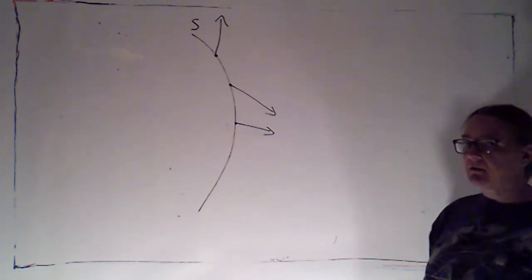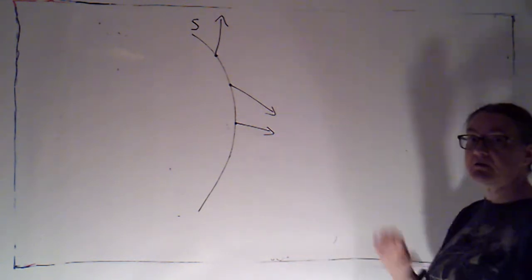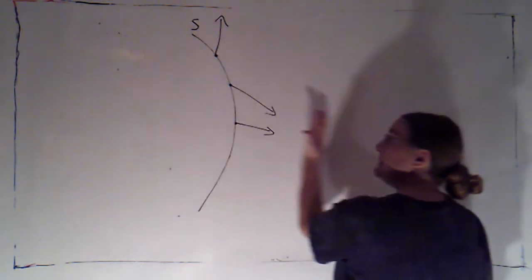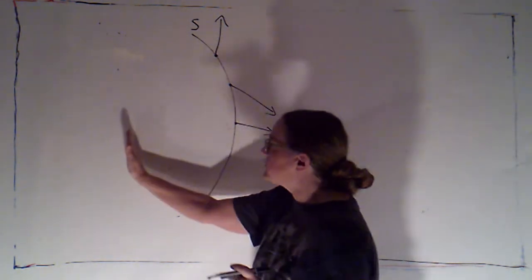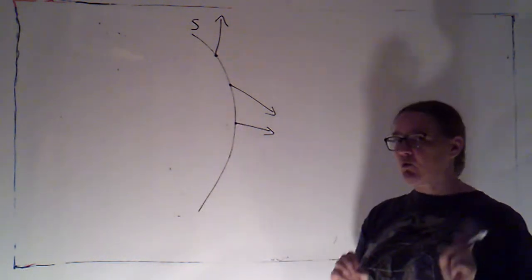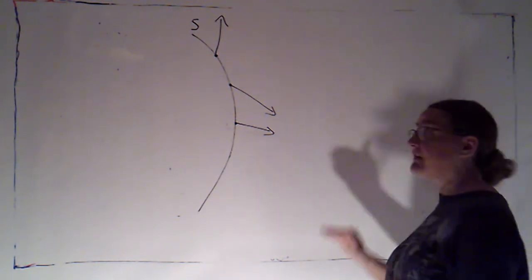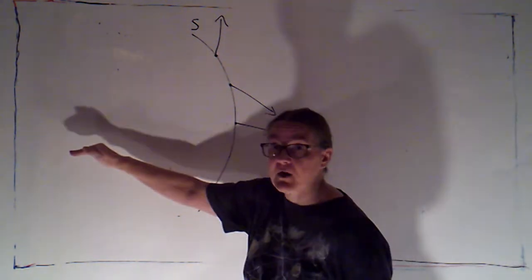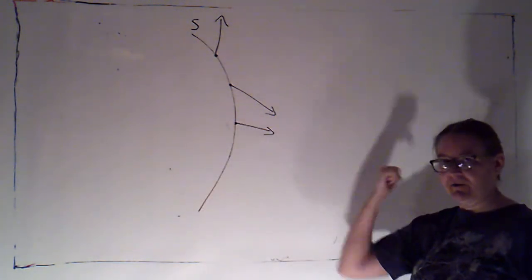And I'm trying to calculate the mass per unit of time that's flowing through this surface, where if it's flowing in this direction, I'm going to count it as positive. If it's flowing in that direction, I'm going to count it as negative. So flux is a signed quantity. Flux can be negative, and if flux is negative, it's just saying more stuff is flowing in the negative direction than is flowing in the positive direction.